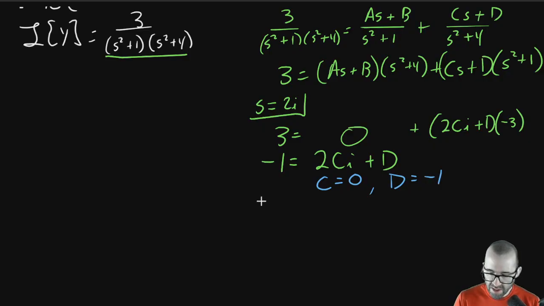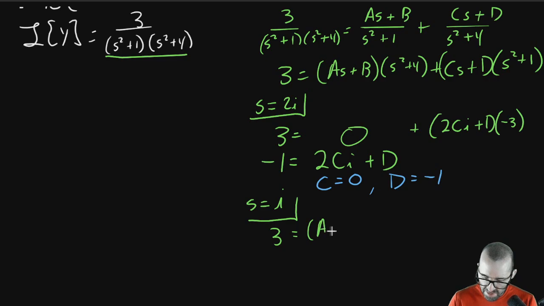And then we do the same process. Again, great opportunity to pause the video. What else could we plug in? What are a and b going to be? All right, we are going to plug in i. And we do that, we get that 3 needs to equal, this becomes a times i plus b, this becomes i squared, which is negative 1.